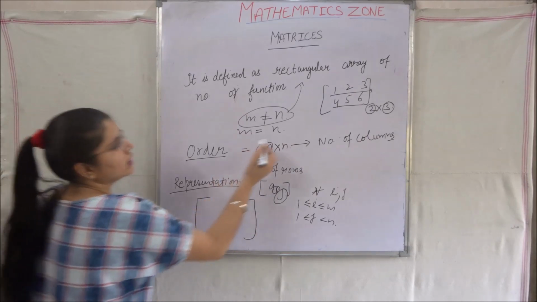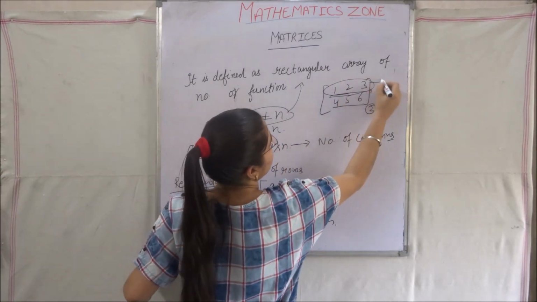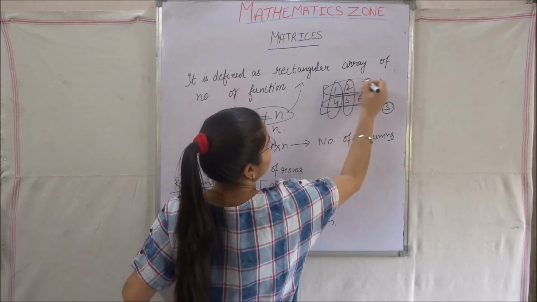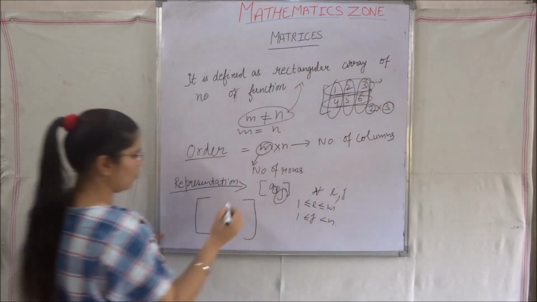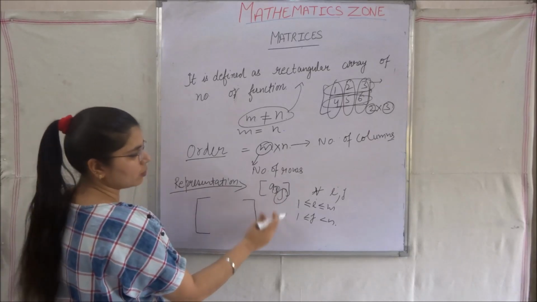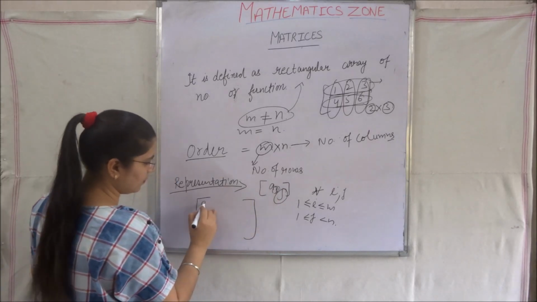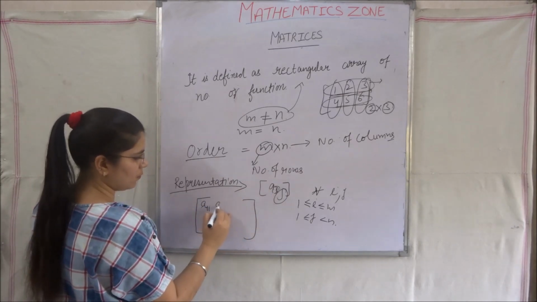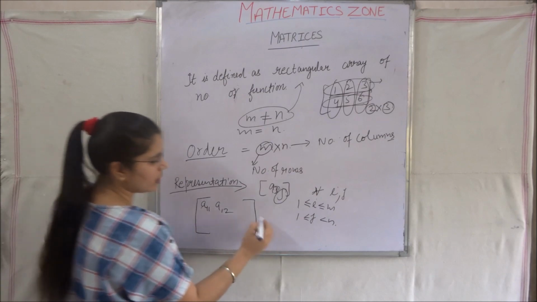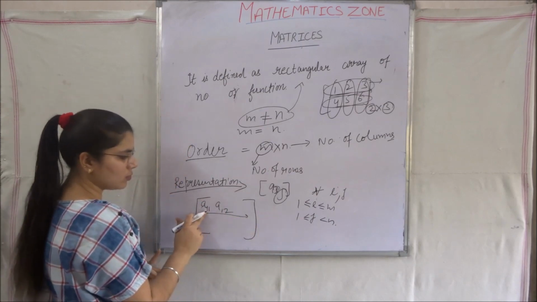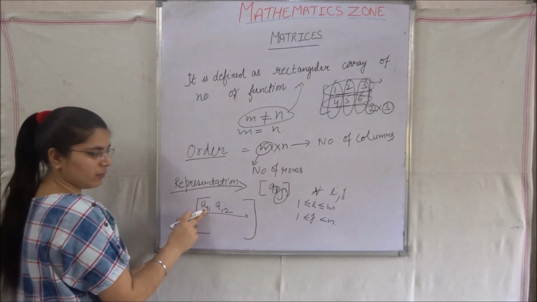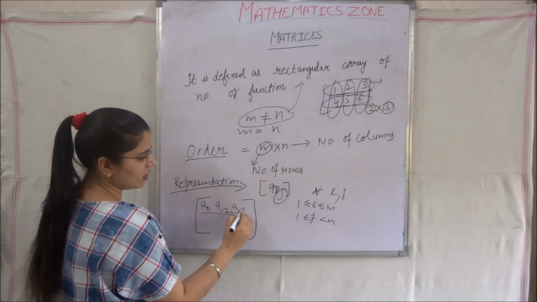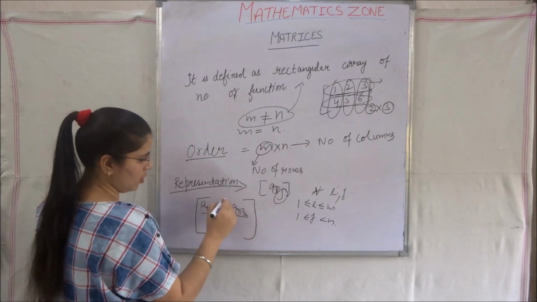So this is our first row, this is our second row. In a similar manner, this is the first column, second column and third column. Now if we put i equal to 1 and j equal to 1, this will be A11. If i is 1, j is 2, A12, because we are moving in the first row, so first row and second column. A13 means first row and third column.